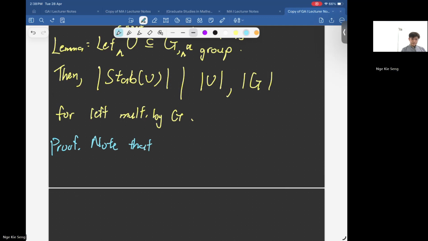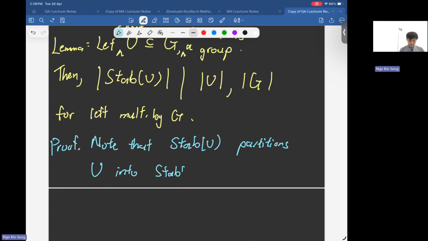So I got that. Stab(U) actually partitions U into orbits. Maybe let's call this the Stab(U) orbit. Is it a left or right coset?